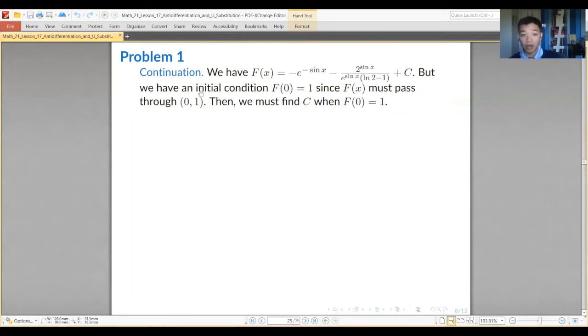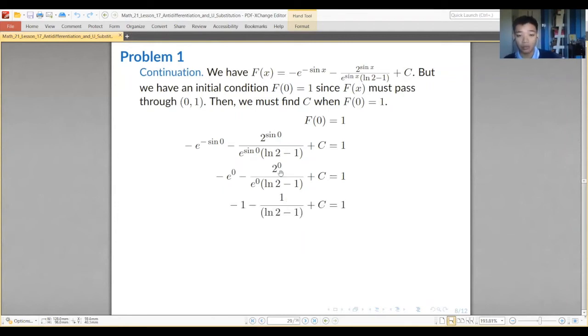Now we can apply our initial condition. So since we wanted to pass through (0, 1), that's essentially f of 0 is equal to 1. So we need to find a c that will satisfy this condition. In doing so, we'll evaluate the x's at 0, and then you do manipulation. Of course, we want this to be equal to 1. We'll get this.